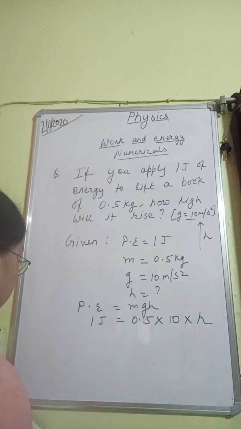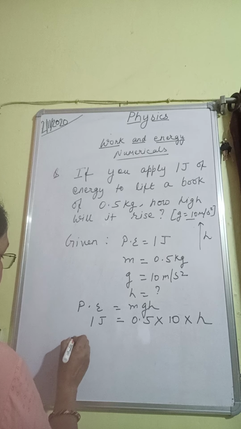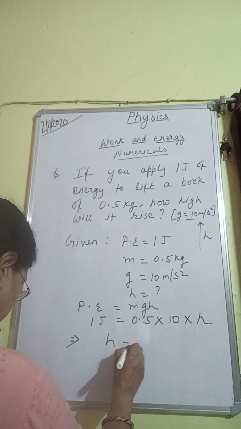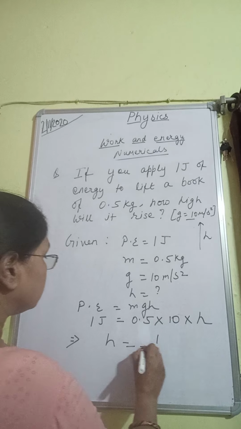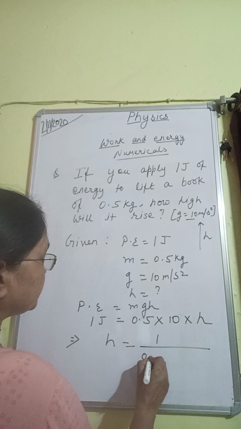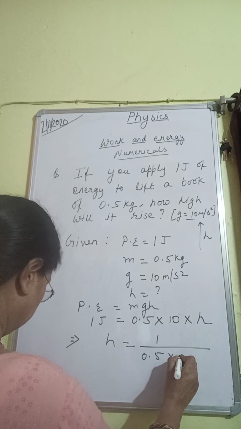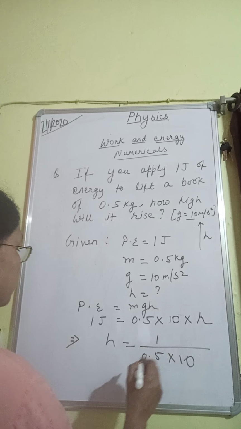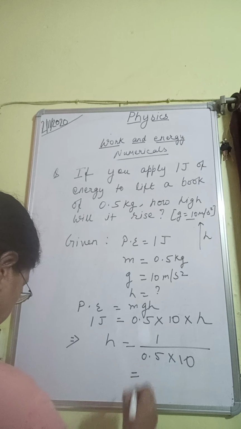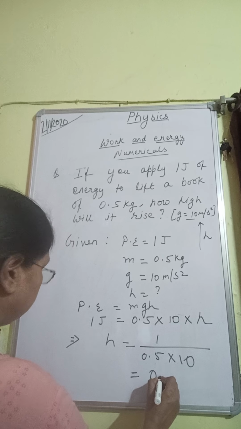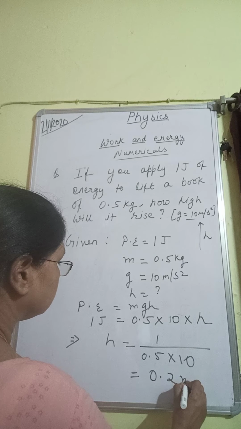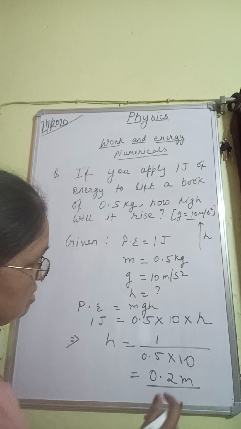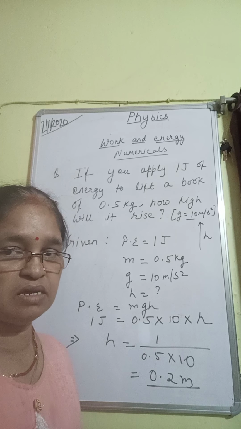So let us find out the height. This implies height is equal to 1 by 0.5 into 10. When you solve this, you will get 0.2 meter. So we will get this answer. Let us see one more question.